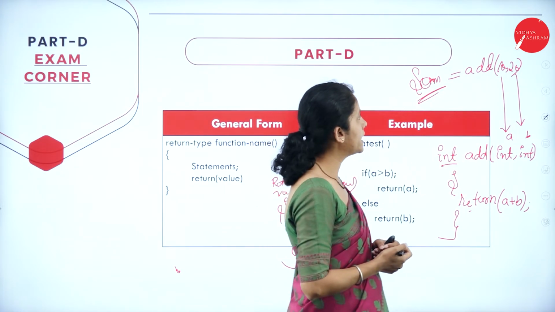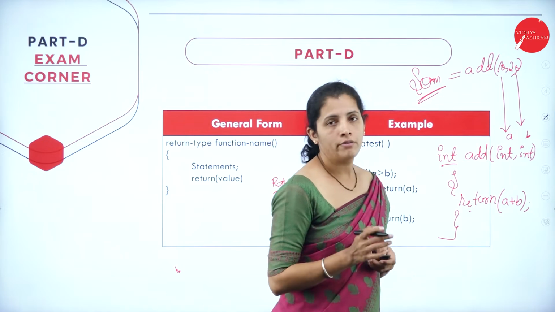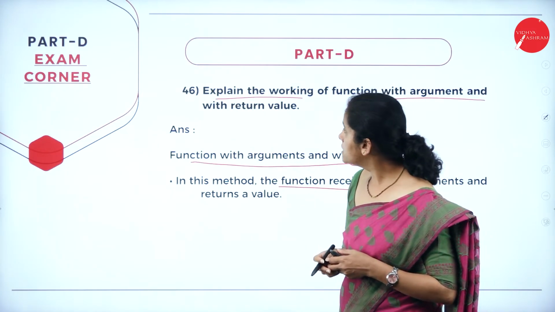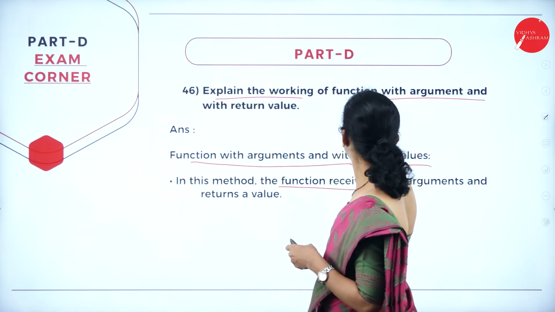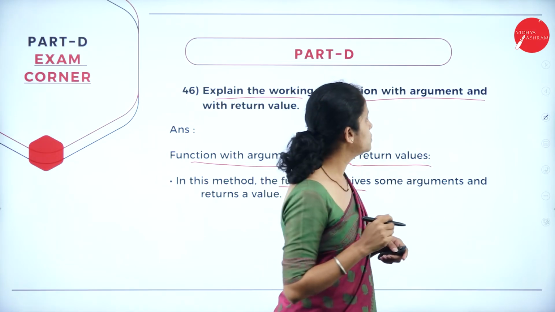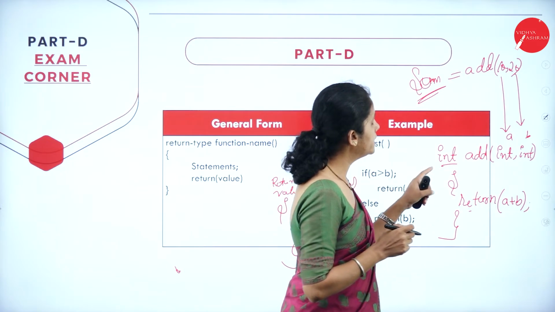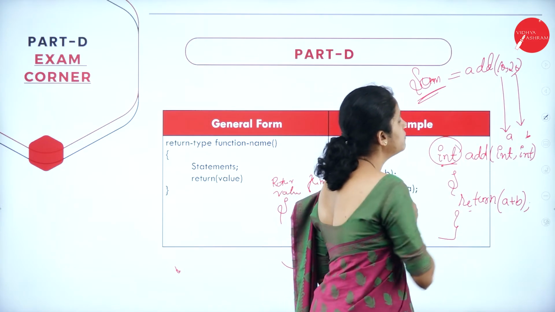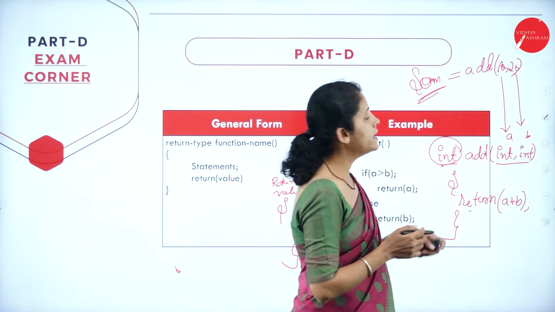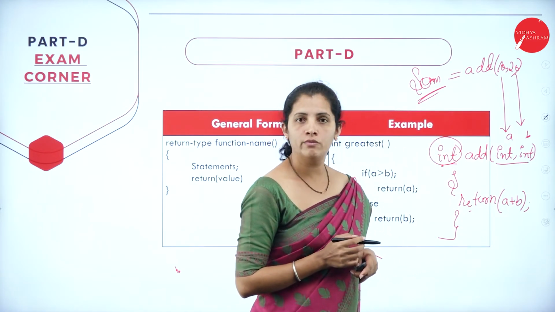So this is the way I can use functions. As the question indicates, explain the working of functions with arguments and with return type. So as the function indicates, it must have return type as well as arguments. This is the way this function is going to work.